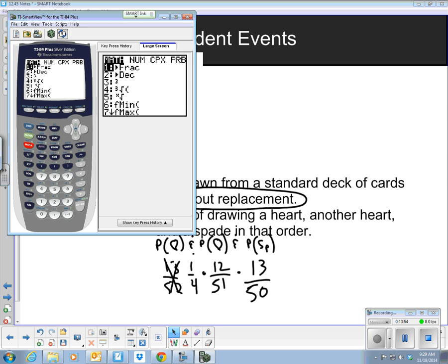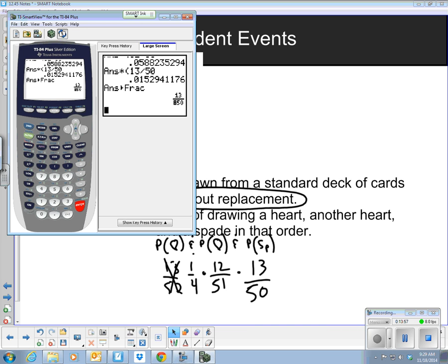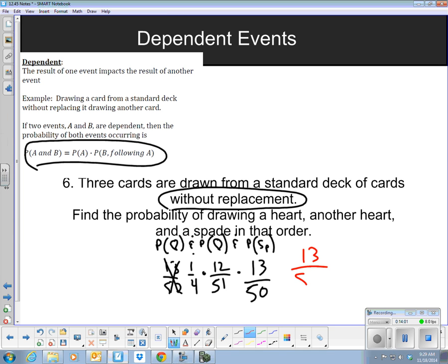And let's see if I can get it in a fraction. It does, 13 out of 850. So there's the probability of me doing all that.